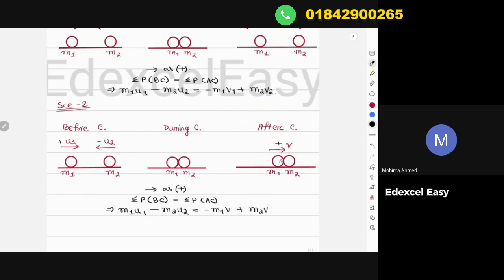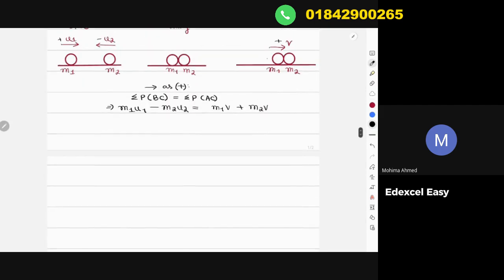But in this situation, when they're connected to each other and start moving with a similar velocity, now we can write m1v and m2v. And in the next line, I'm just going to take v as a common factor from them. We can write m1 u1 plus m2 u2 equals m1 plus m2 multiplied by v.